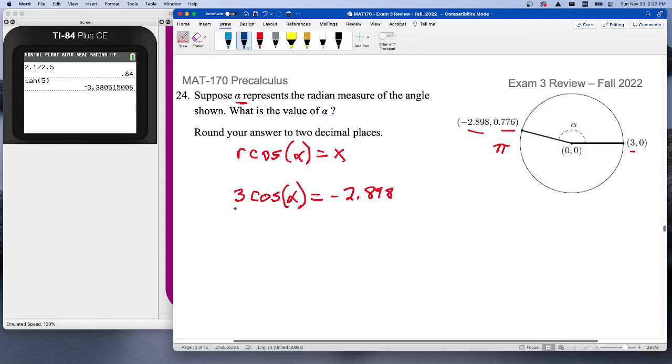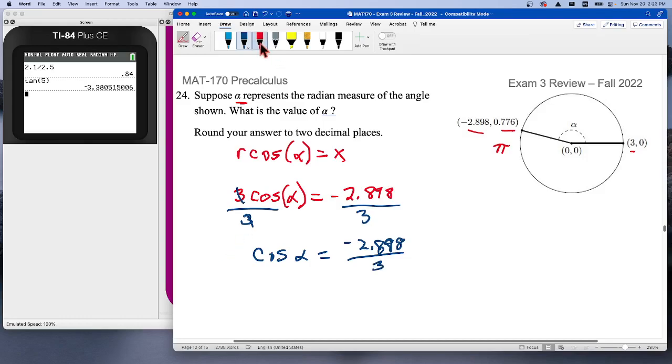To solve this, we're going to divide both sides by 3. 3 divided by 3 is 1. I'm not actually going to do it here because I'm going to plug it all in so I don't have any kind of rounding errors. So we get cosine of alpha is equal to negative 2.898 over 3.